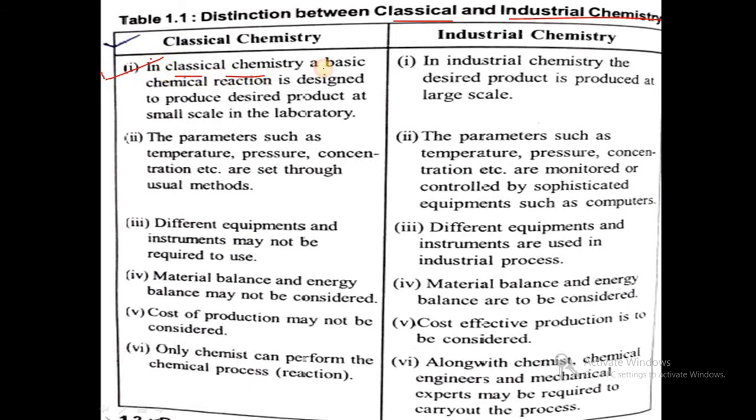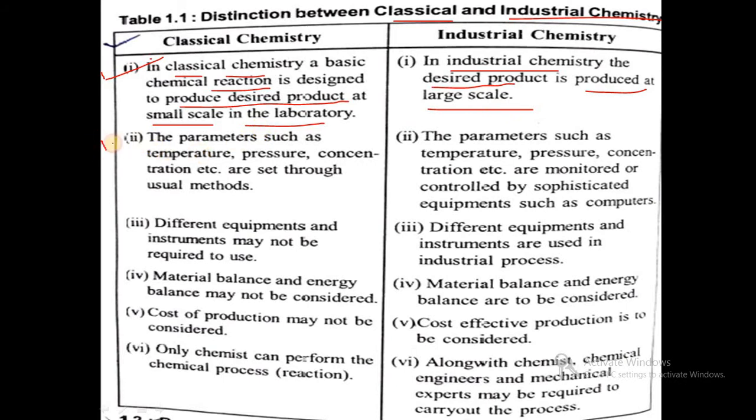In classical chemistry, a basic chemical reaction is designed to produce a desired product at small scale in the chemistry laboratory. But in industrial chemistry, the desired product is produced at large scale at plant level, because large scale production in our chemistry laboratory is not possible. So different types of plants are necessary.